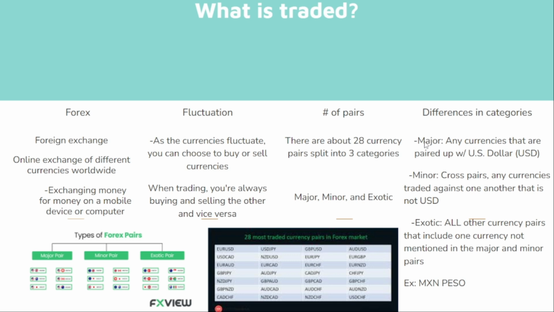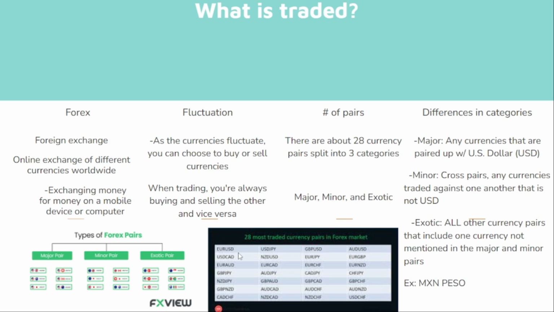So the difference in the categories, obviously, you start off with the major pairs. That's basically like the big bros, the big boys. It's basically any currencies that are paired up with the US dollar, with USD. So what would be considered a major pair? Anything that starts with USD in this chart.